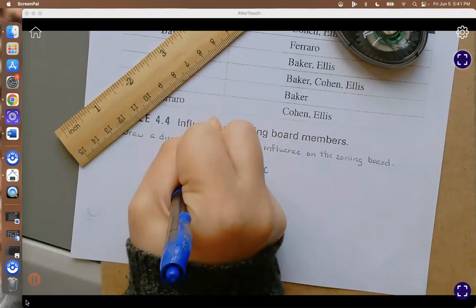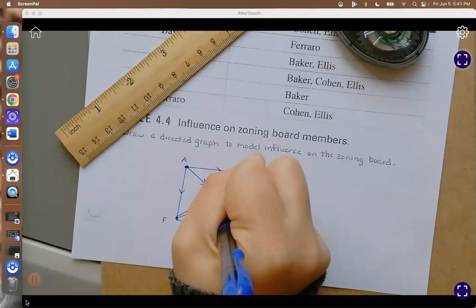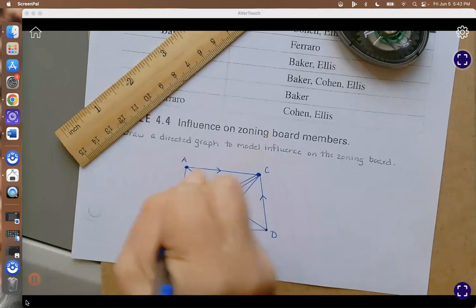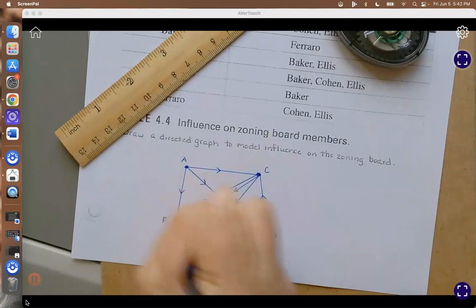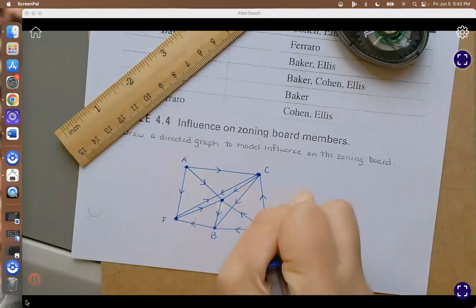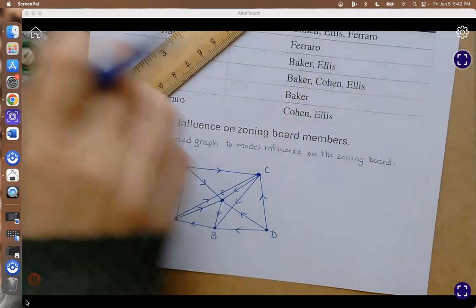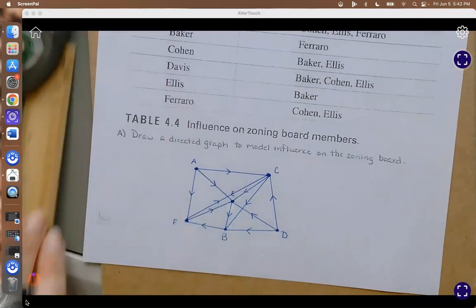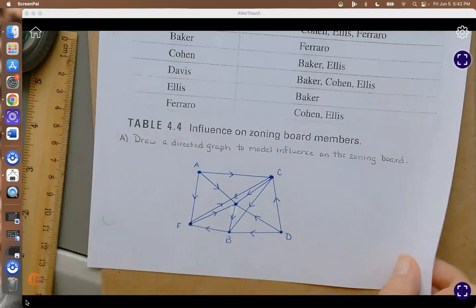Okay, so let's make these dots well seen. Alright. So that's our drawing of who has influence over who.